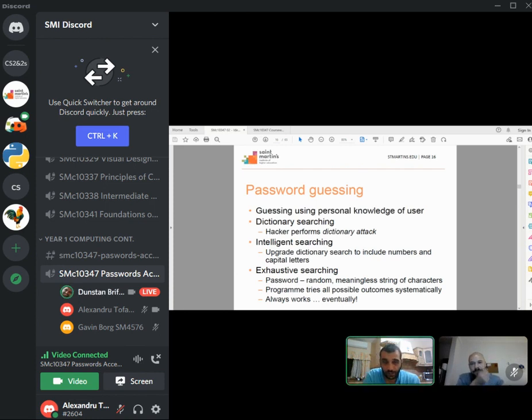Now, the next one is called a dictionary search, a dictionary attack. These come out of statistics when people analyze databases of passwords, where we have a lot of passwords which are based on a standard dictionary word. For example, the word computer.